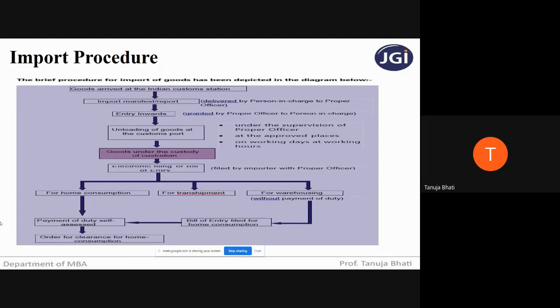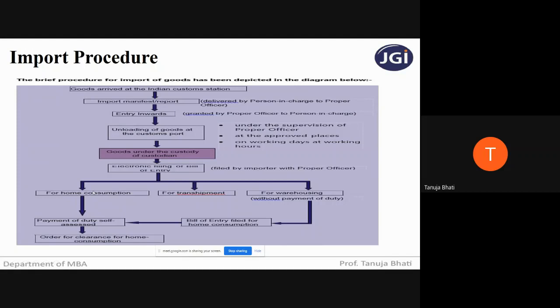Once the bill of entry is filed, it can be filed either for home consumption, or for shipment, where the goods have to be shipped from one place to another, or for warehousing. Now let us understand. When the bill of entry is filed for home consumption, the custom duty needs to be paid.